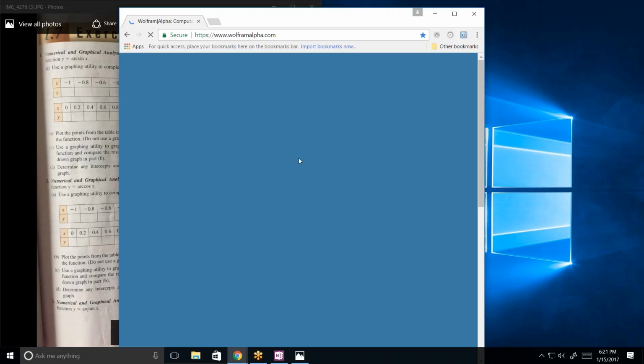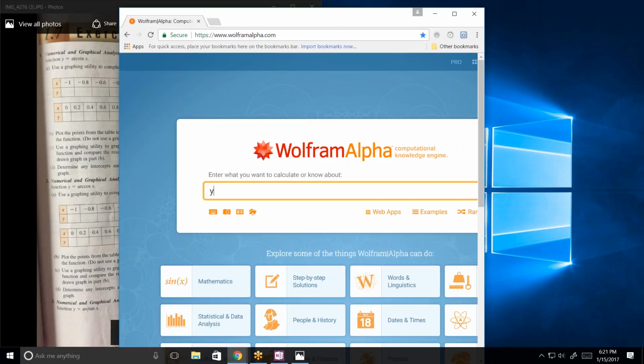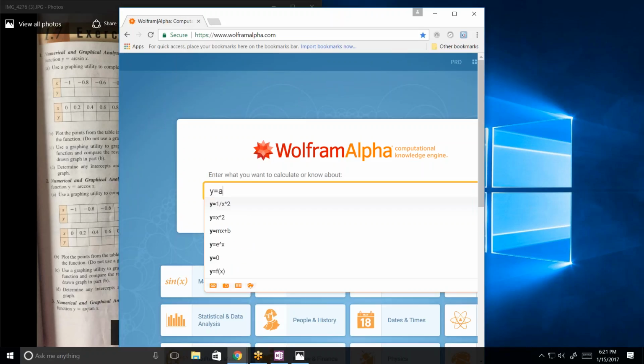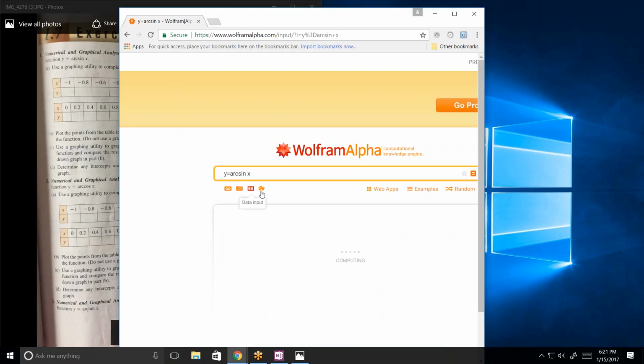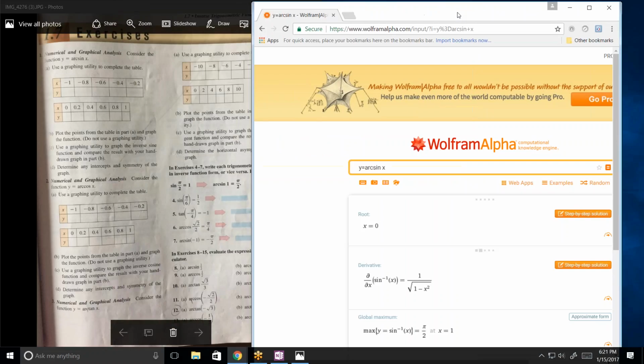I'm sure you know how to do this on your calculators. All I'm going to put in there is y equals arcsine of x. And we'll have a look at what they've got here.